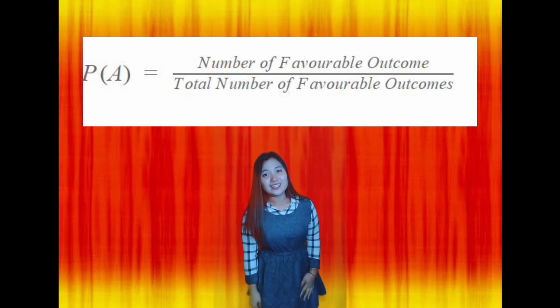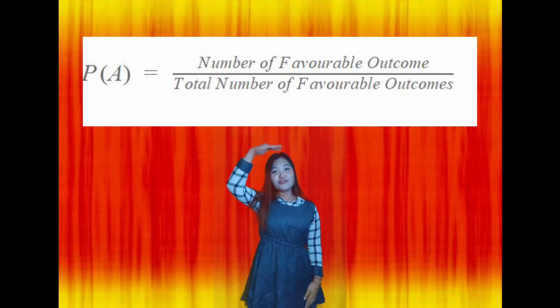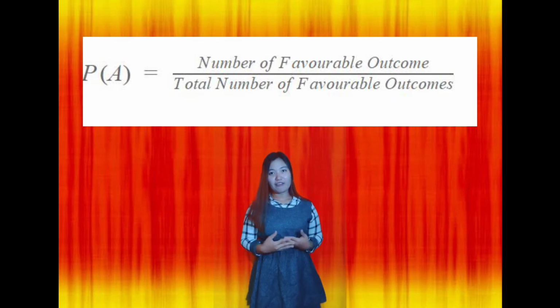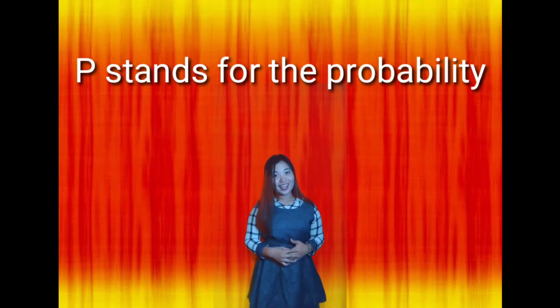P equals the number of ways an event can occur divided by the total possible events. P stands for probability.